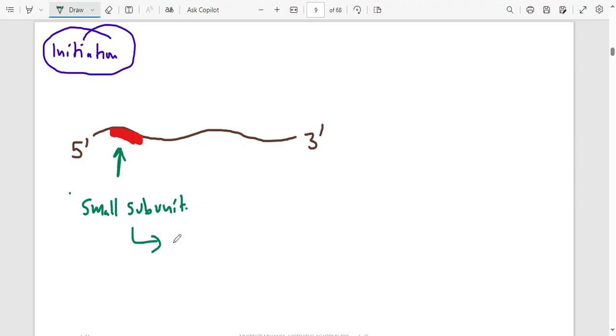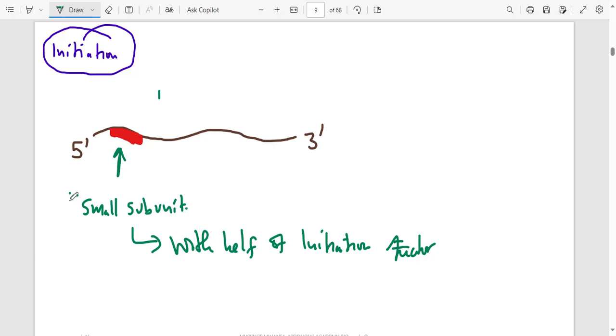This binding is with the help of what? Initiation factors. Okay, now that our small ribosomal subunit has found the mRNA, what do you need to know?